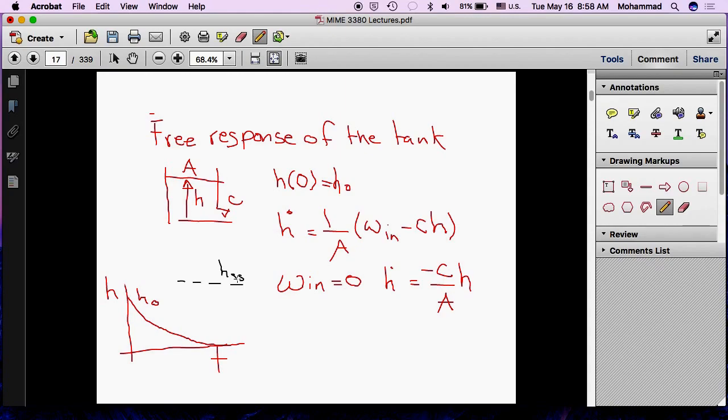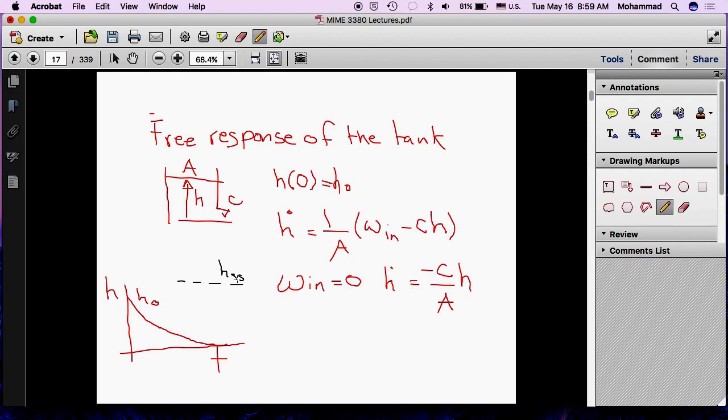So the tank starts at the same value, H naught, but this time instead of letting it freely empty out, we are also turning the valve on, so we're giving an input. What will happen to the response? Imagine that Wn is high enough that it will cause the level to rise. I'm already giving you H steady state, which is higher than H naught. What will happen to the level?